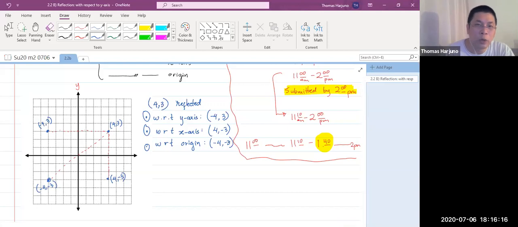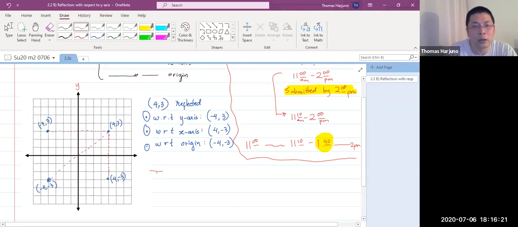Okay, now you see that when we do reflection, we see the following phenomena. If I have coordinate x, y, reflected with respect to the y-axis, the y will stay the same. The x becomes the opposite.